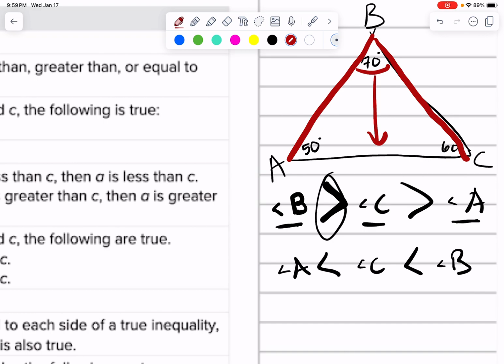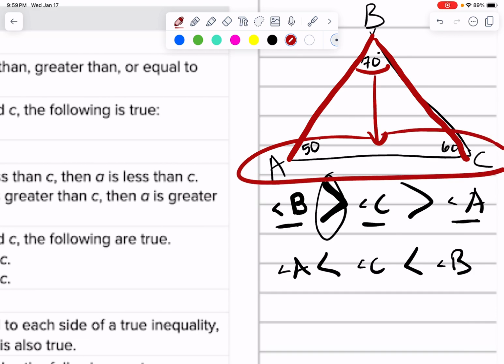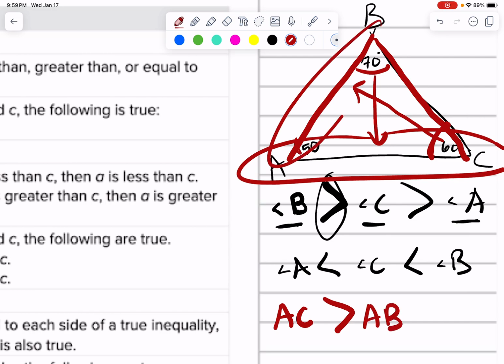That side is AC. So if 70 degrees is the biggest angle, then AC has to be the biggest side. The middle side is going to be the one opposite the middle angle. So if 60 degrees is the medium-sized angle, then AB will be my middle side, the second longest side.